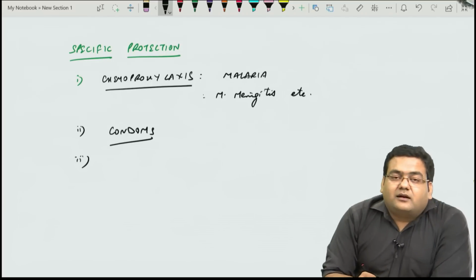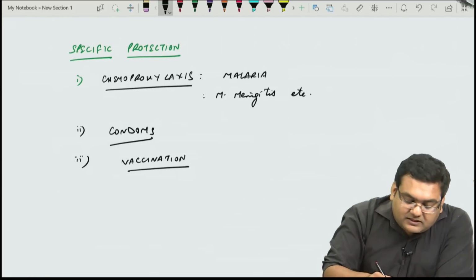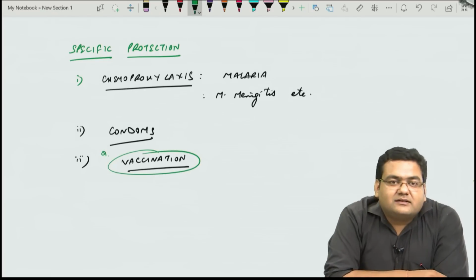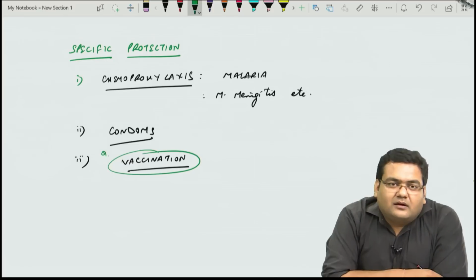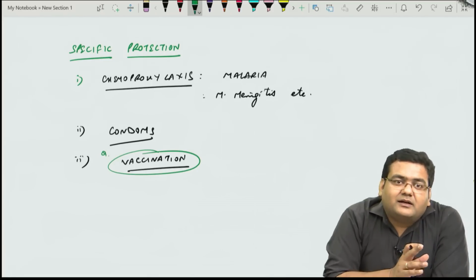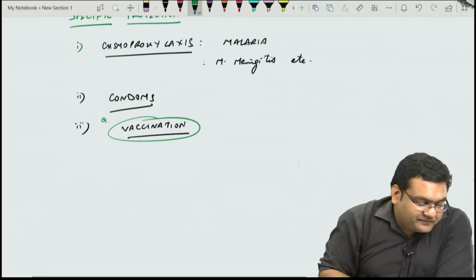Third important aspect is vaccination, commonly asked in examinations. It is given for a particular disease to prevent that disease. Hence, specific protection for that particular disease, but the disease has not yet occurred, but the risk is present for contracting that disease.